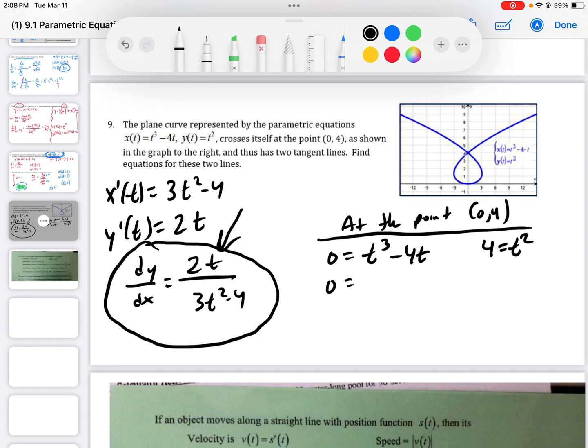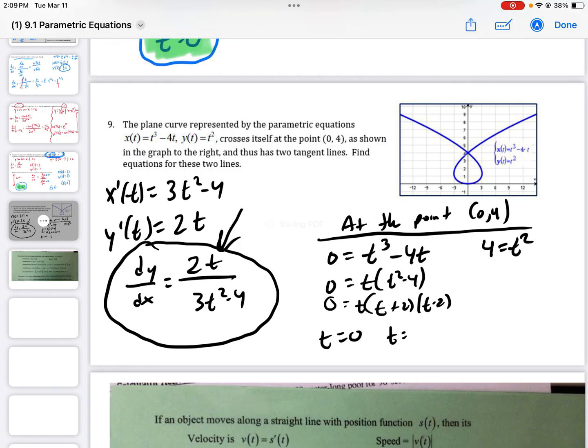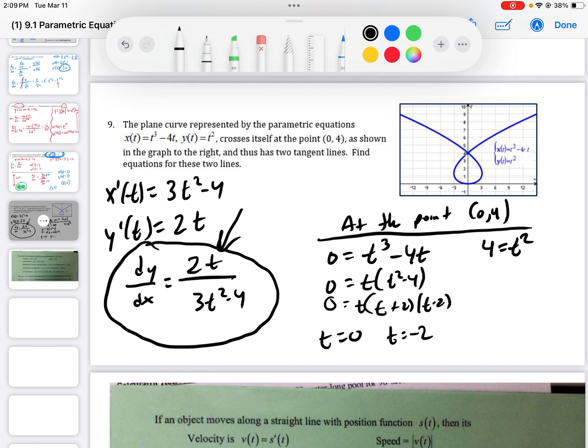If I solve the one on the left, I would factor out a t and get t squared minus 4, which is t times (t plus 2)(t minus 2). So when t is 0, I've got an x number of 0. When t is negative 2, I've got an x number of 0. And when t is equal to 2, I've got an x number of 0.